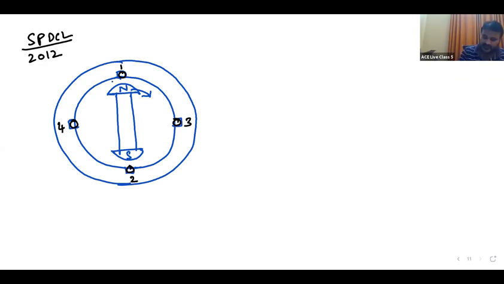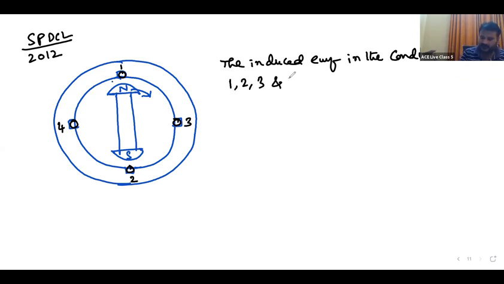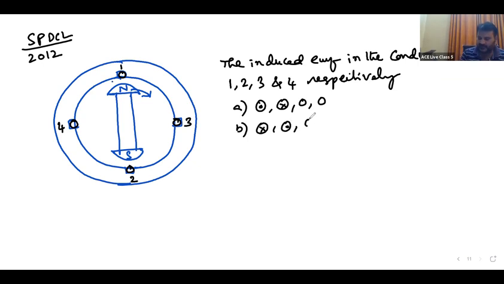Now the EMFs induced in the conductors 1, 2, 3 and 4 respectively: A, dot, cross, 0, 0; B, cross, dot, 0, 0; C, 0, 0, cross, dot; D, 0, 0, dot, cross.